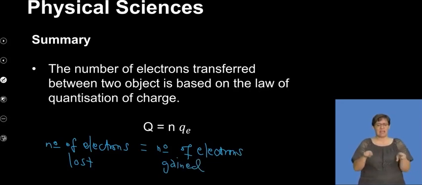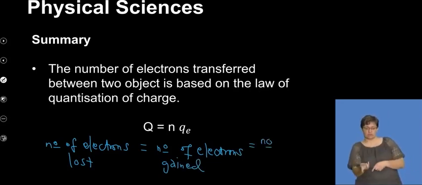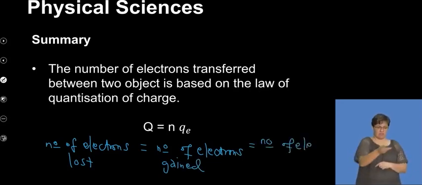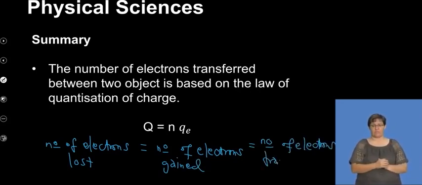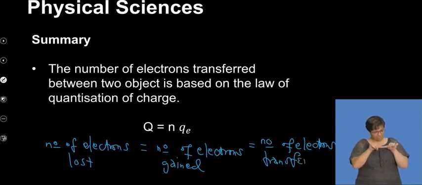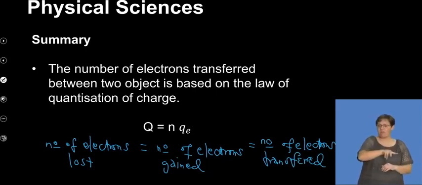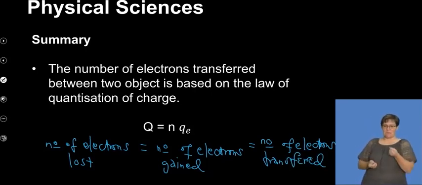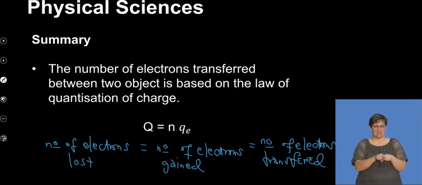This is also equal to number of electrons transferred, right? So for the net charge to remain constant, what is lost during the transfer must be equal to what is gained. That's the big idea in as far as this problem is concerned, right?